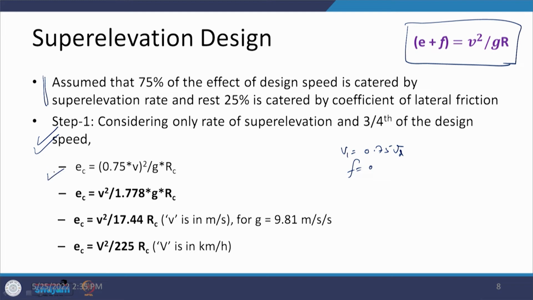So, if we put the values here, we are going to get the calculated value of E, denoted as EC, which is nothing but 0.75 V whole square divided by g into RC.